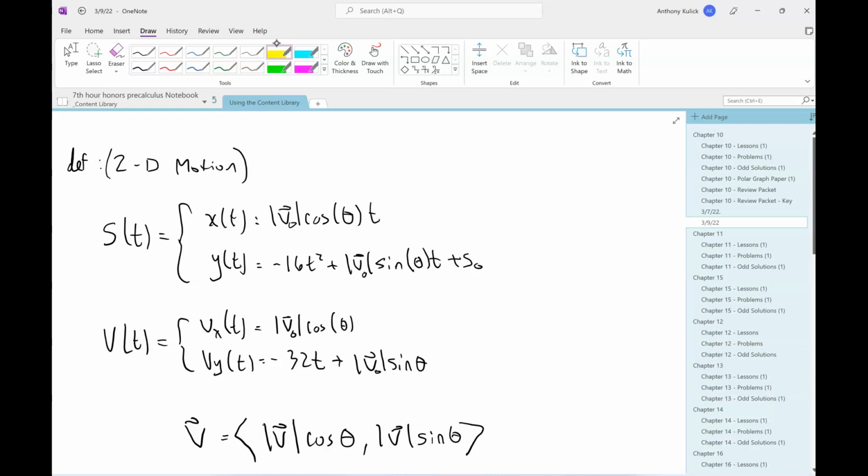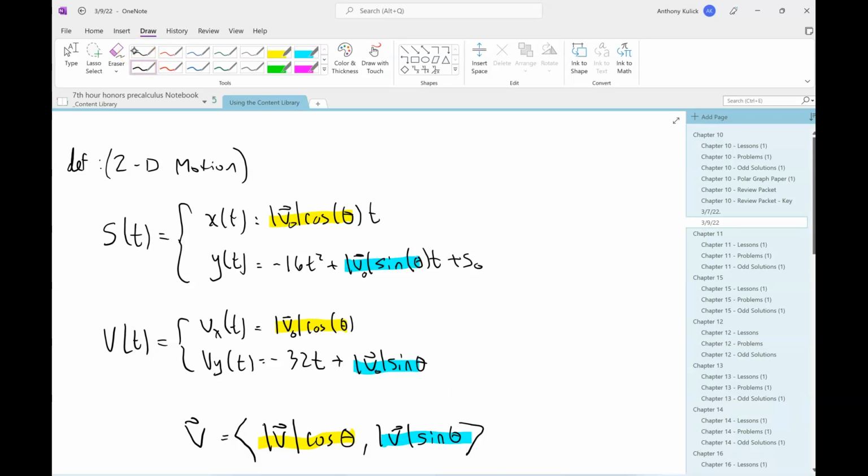So all this has changed from the previous definition to now is instead of having an initial velocity, we have the x component of the initial velocity and the y component of the initial velocity, right? That's really all that's going on here.